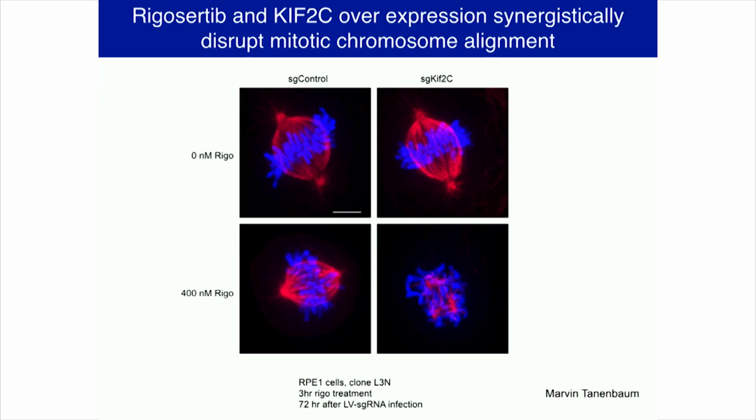But when these were combined, it had a devastating effect on the spindles, where they just collapsed. The chromosomes weren't attached, and there was no way the cell could undergo mitosis effectively.